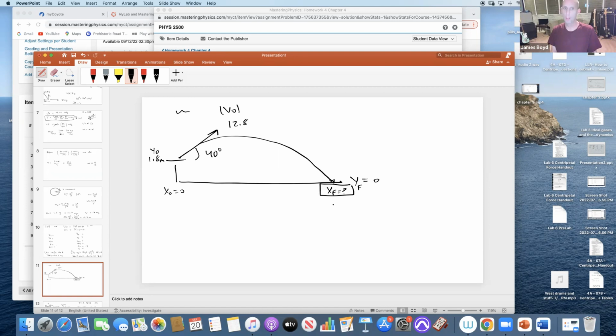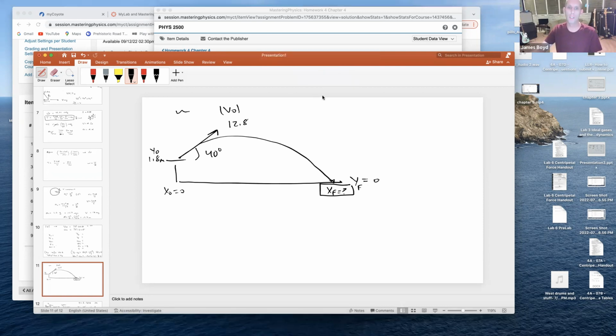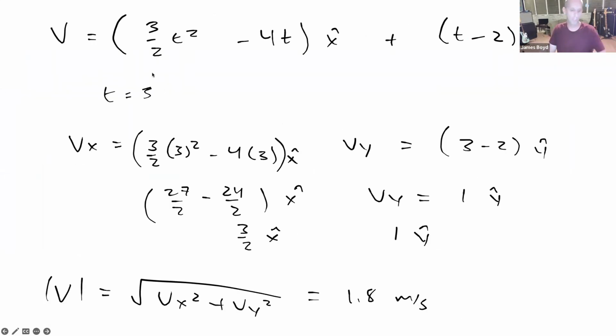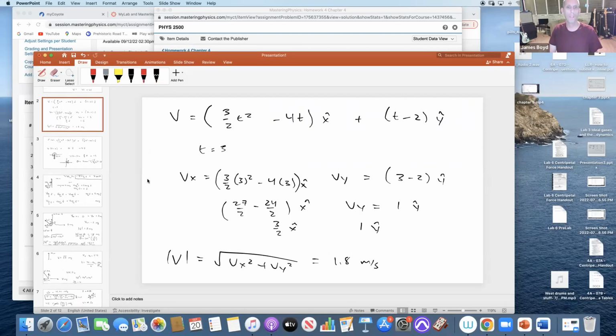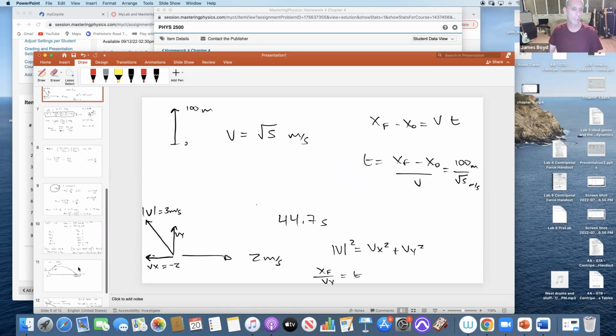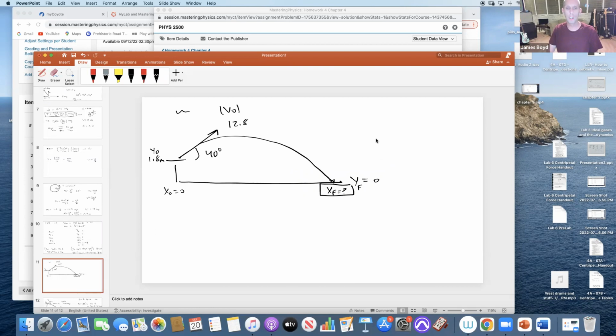First step, we need to find V naught of X and V naught of Y. V naught of X is V naught cosine of our angle, and V naught of Y is V naught sine of our angle.